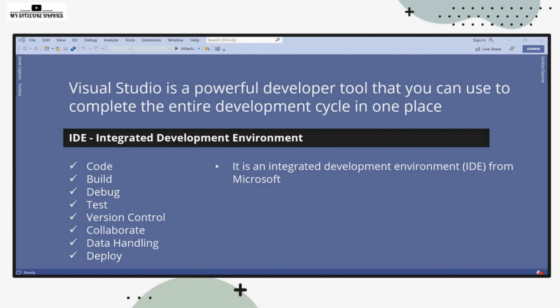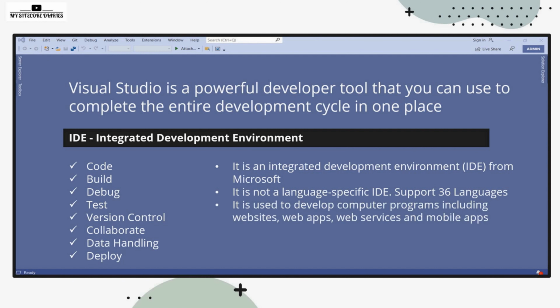Visual Studio is an integrated development environment, IDE, and this is provided by Microsoft. It is not a language specific IDE. There are around 36 languages supported in Visual Studio. So that's the reason it is more popular also. It is used to develop computer programs including websites, web apps, web services and mobile apps.